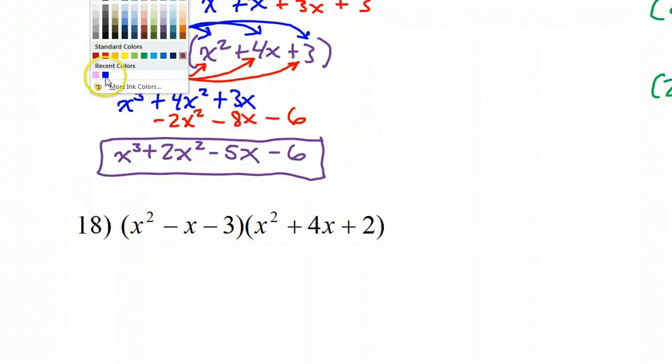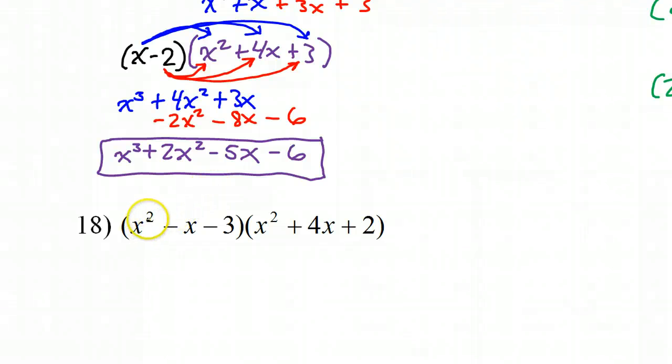Once again, we are going to do the distributive property. But this time, we have to distribute 3 things instead of 2.